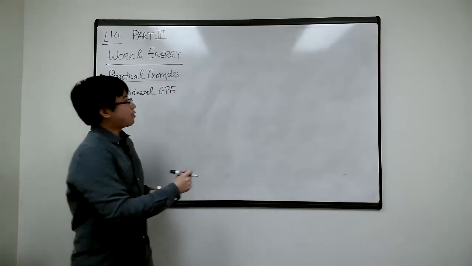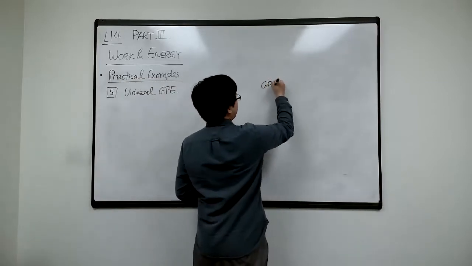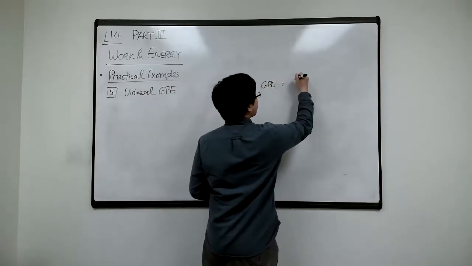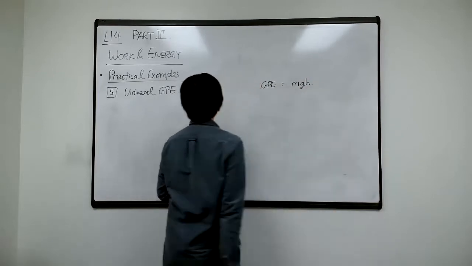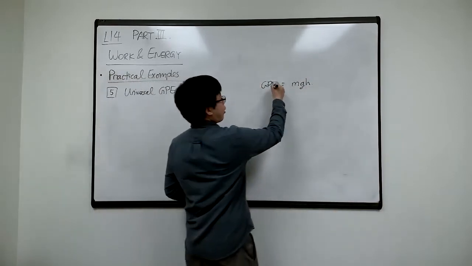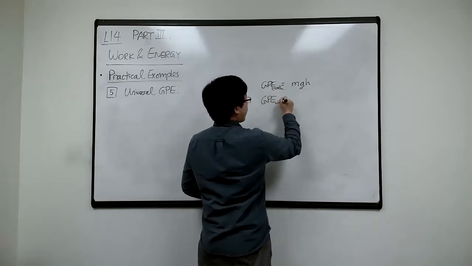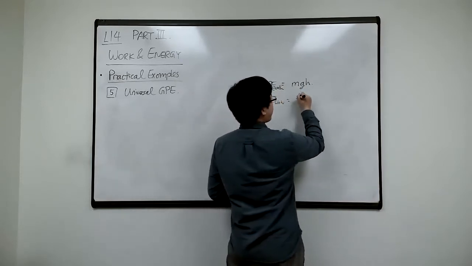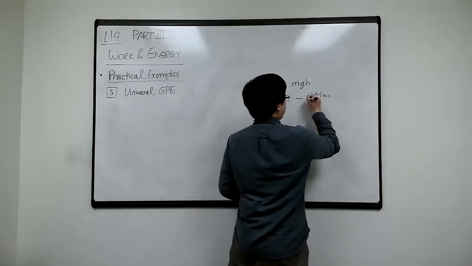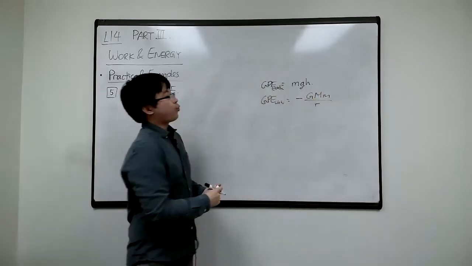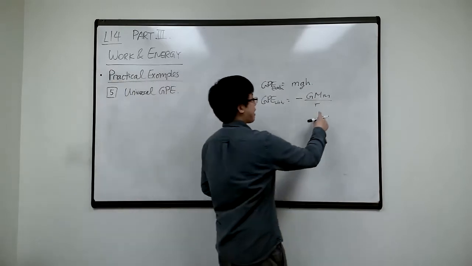We have talked about the terrestrial one, right? So the GPE on Earth is mgh. Okay, but this is the one on Earth. I just haven't been saying it. There is the universal one, and it has a formula of minus GMm over r. Okay, so what does that mean? r is the separation of two objects.